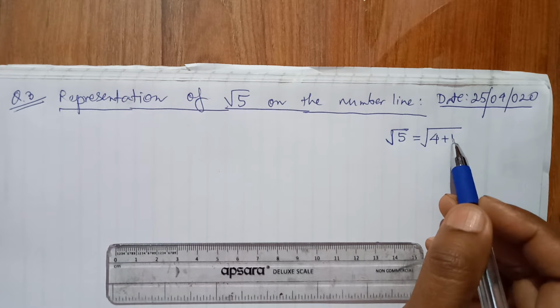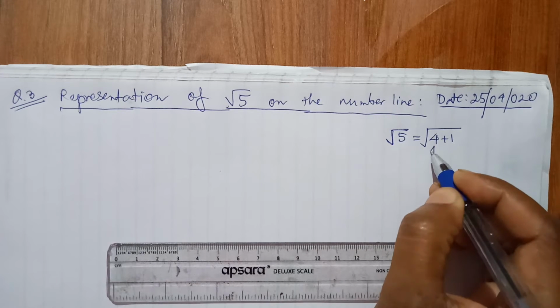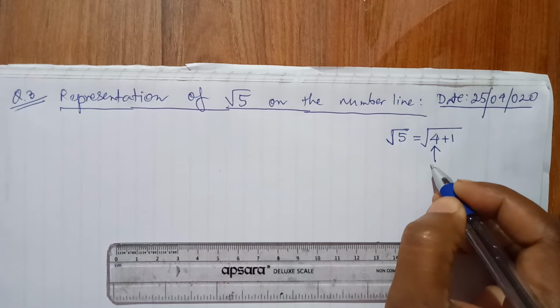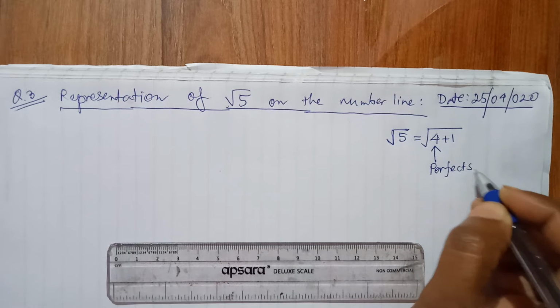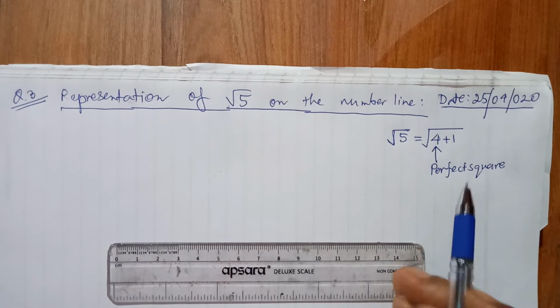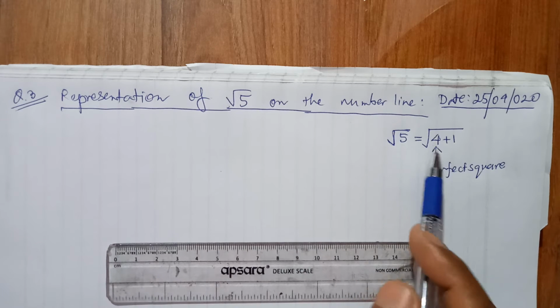And one thing, after writing you must check that the larger number should always be a perfect square.